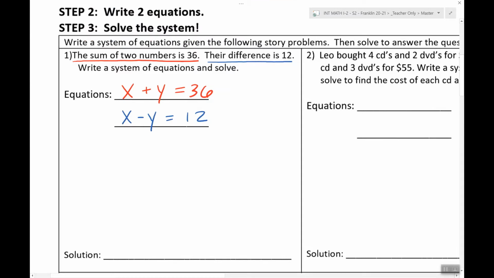And so we can use elimination. That's probably how we'll solve most of these. We're going to add here, and when we do that, the y's cancel out, so we have 2x equals 48. Dividing by 2 gives us 24 for the first number.